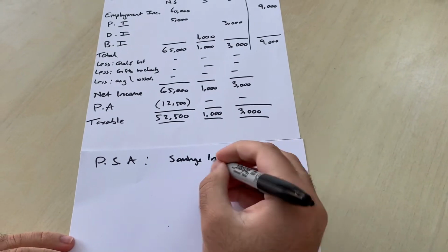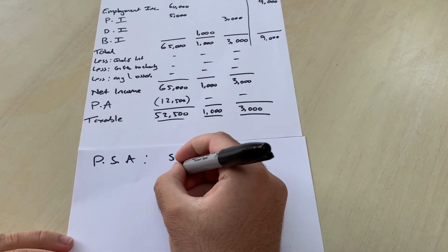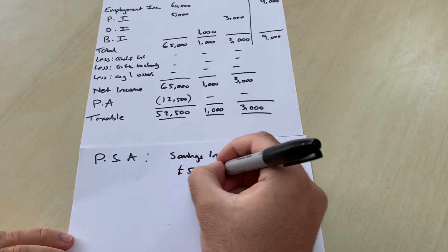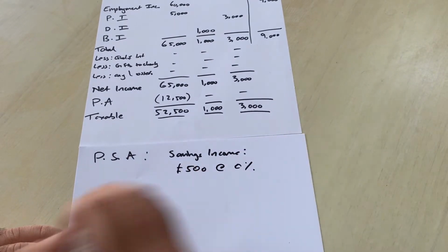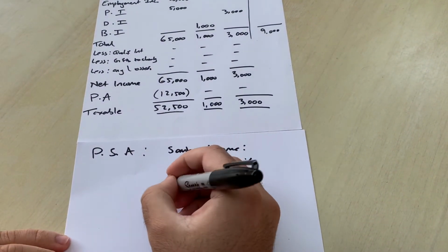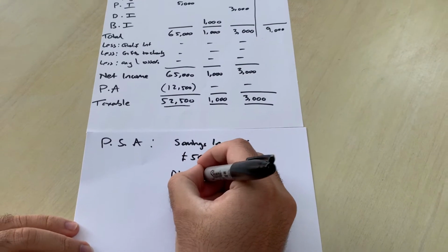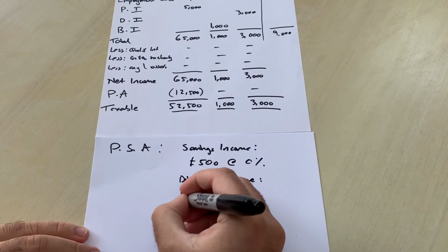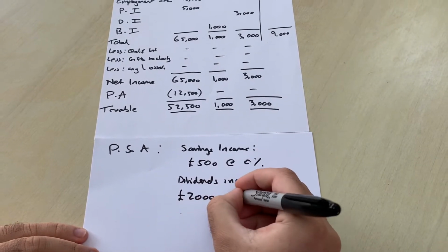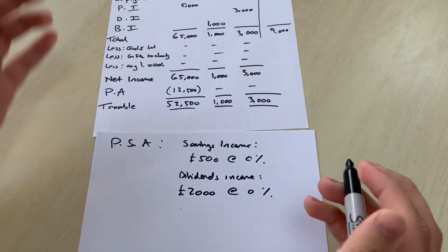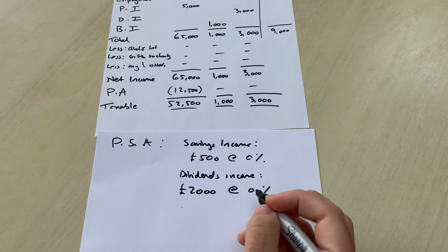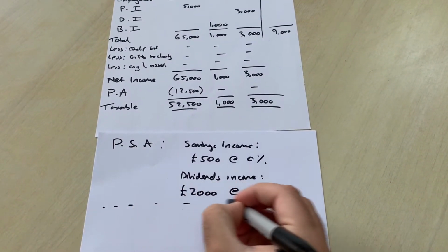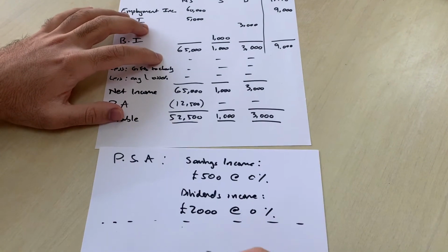Therefore, per the government website, you are allowed £500 of savings income at 0%. And dividends income: remember how we said before that our full 2,000 is allowed at 0%, regardless of our net income. Cool.